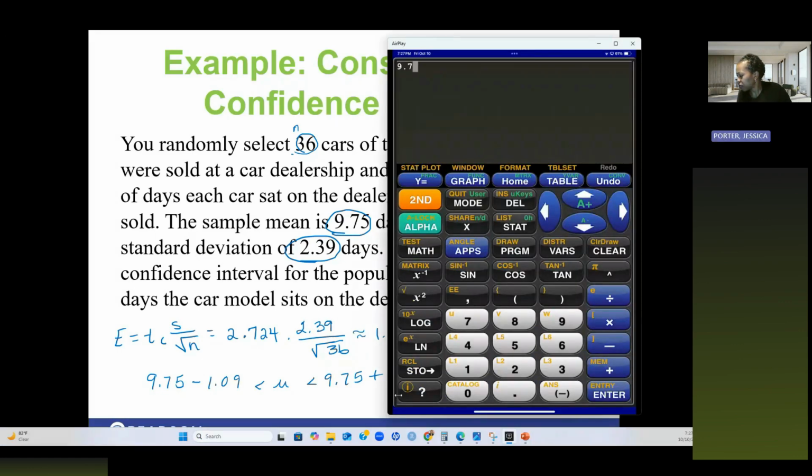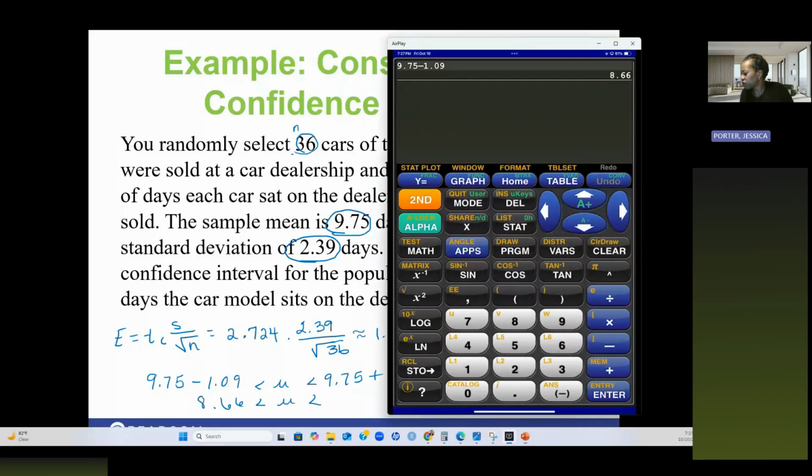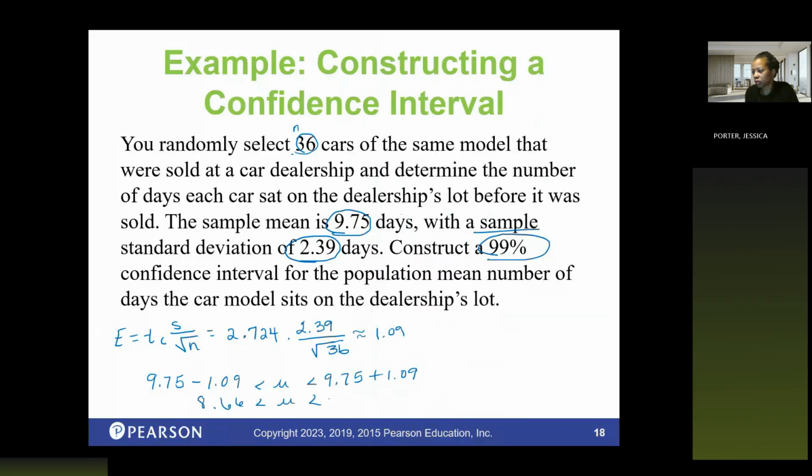So 9.75 minus 1.09 is 8.66. And then 9.75 plus 1.09 is 10.84. So what does that mean?